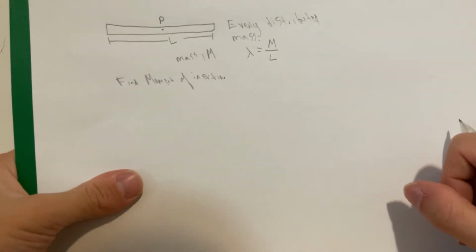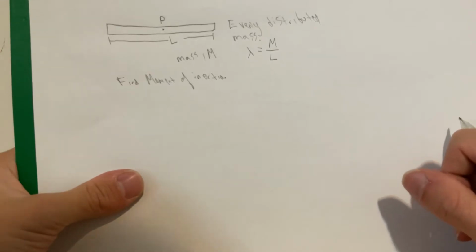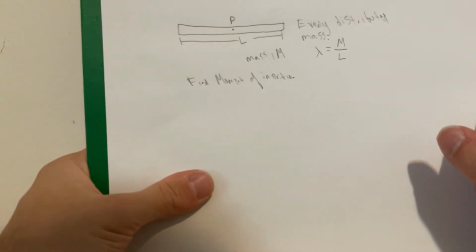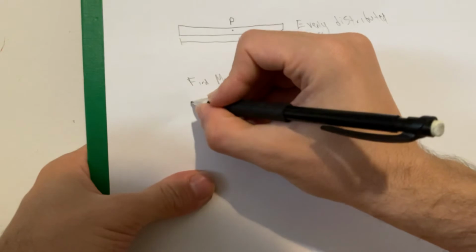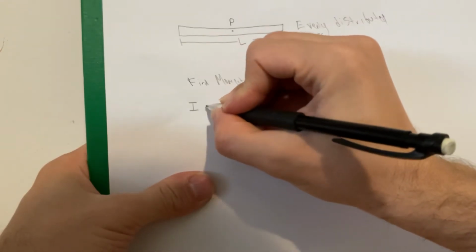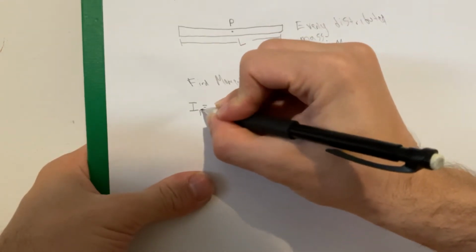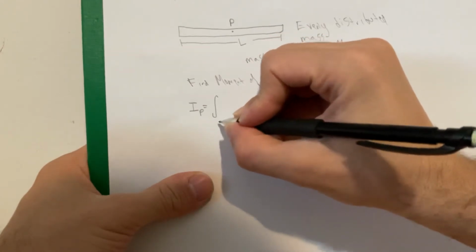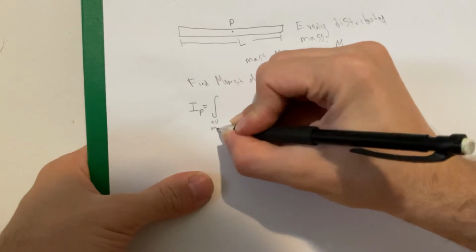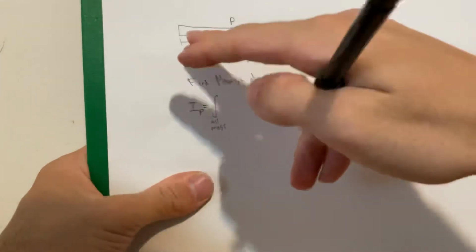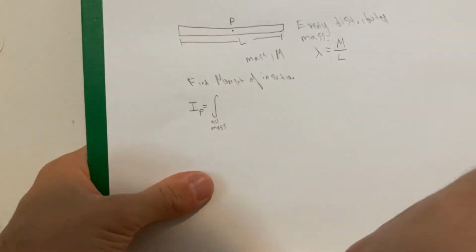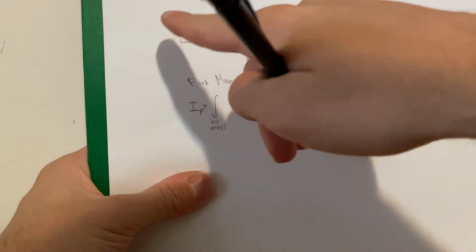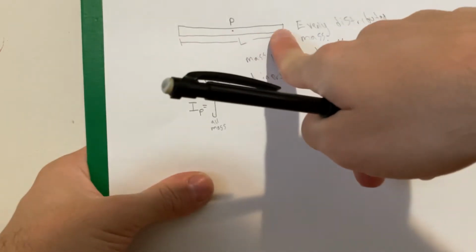Okay, now let's find the moment of inertia. To start, let's go to the definition of the moment of inertia relative to the point P. So what you do is you sum over all of the pieces of mass. Here it's going to be a continuous sum, so we have an integral, over all of the mass of this plank of wood.